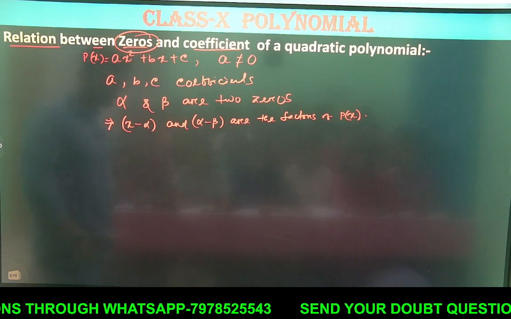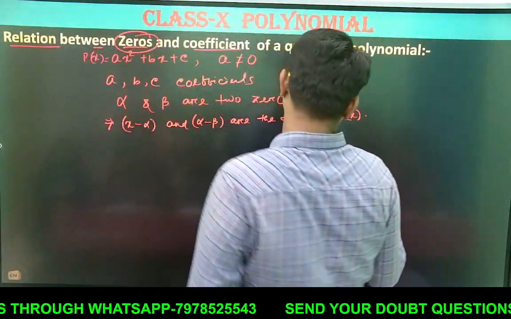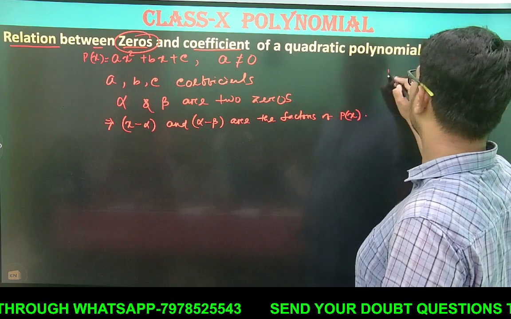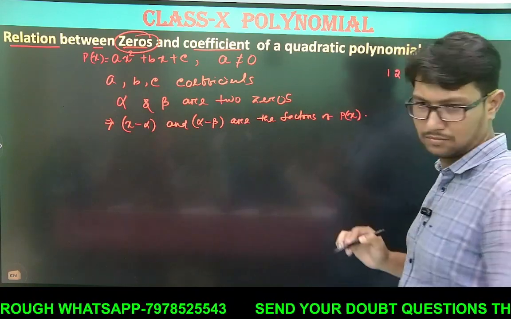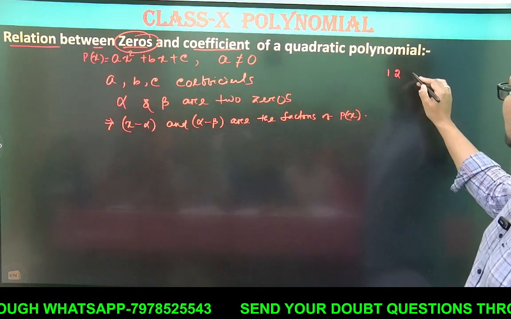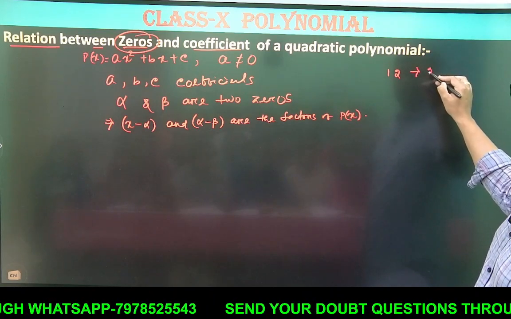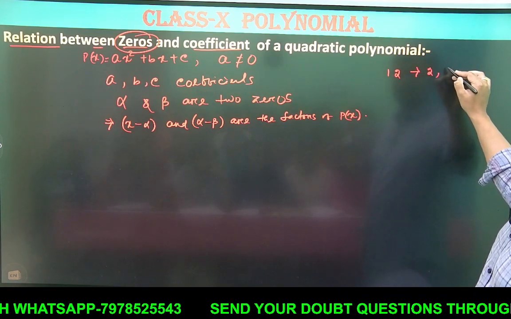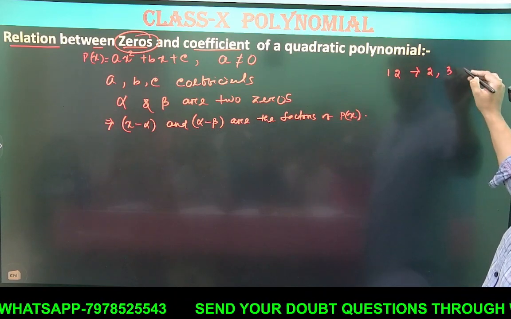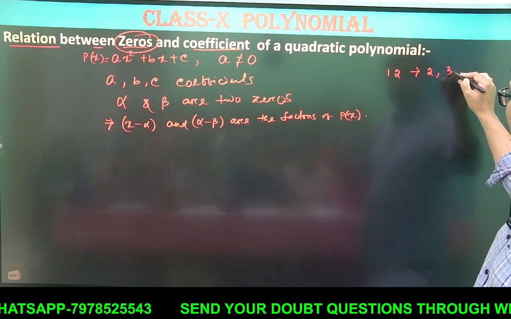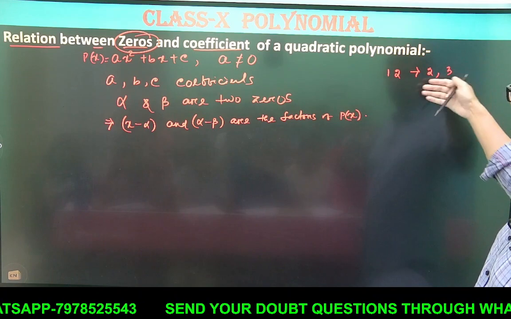Okay. Now tell me, take 12. I can say 2 is a factor of 12 and 3 is a factor of 12. Okay, 4 is a factor.